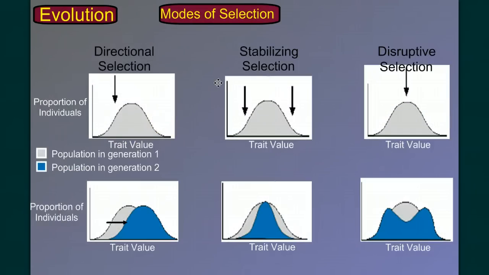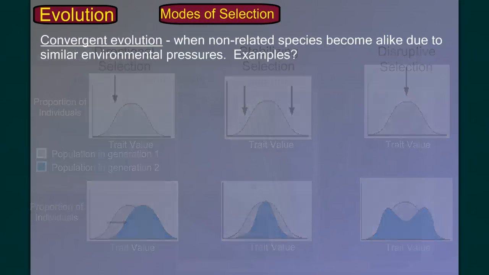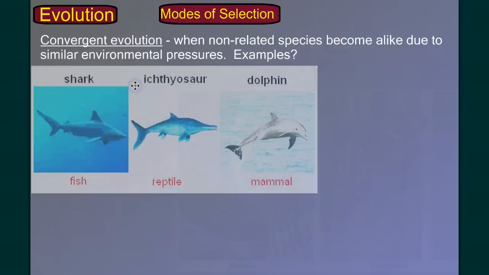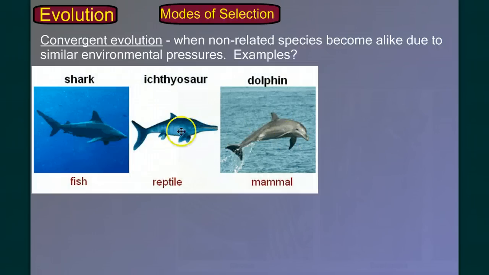And we have one other idea to discuss here, and that is, can environmental pressure cause unrelated things to look similar? We call this concept convergent evolution, when non-related species become alike due to similar environmental pressures. How about some examples? Well, a dolphin and a shark are very similarly shaped.